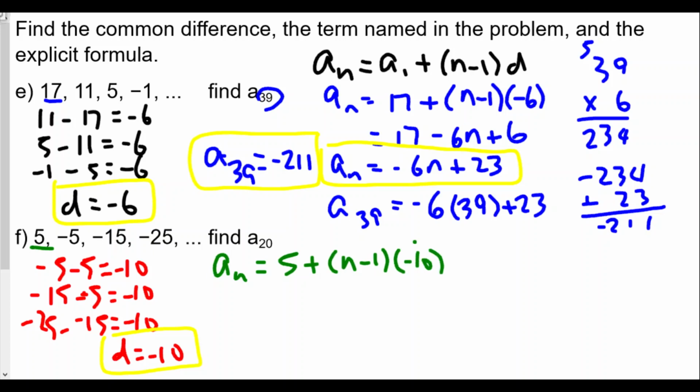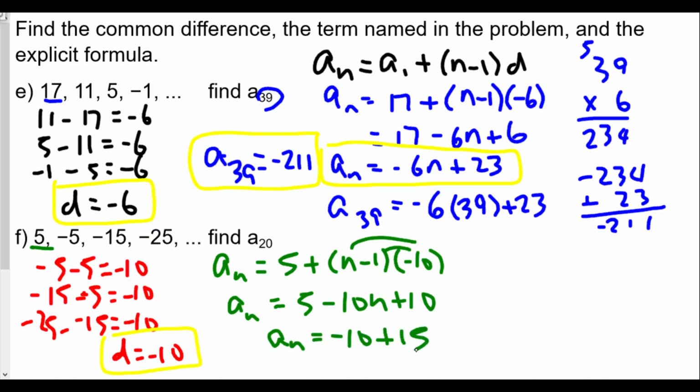We'll distribute this, so a sub n is equal to 5 minus 10n plus 10. Then of course we combine like terms, so our explicit formula will be negative 10n plus 15. Don't forget the n there. Someone might ask, can I write down 15 minus 10n? That will still be correct. I just like having everything in descending order.